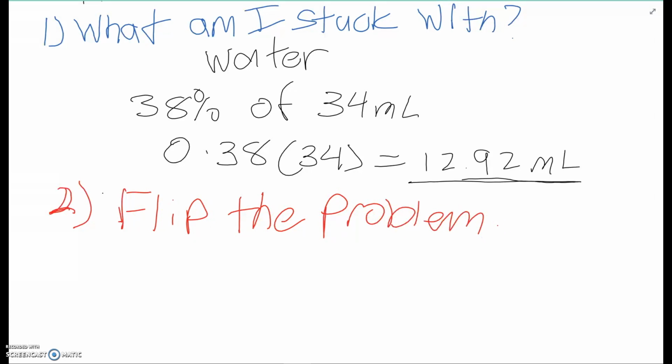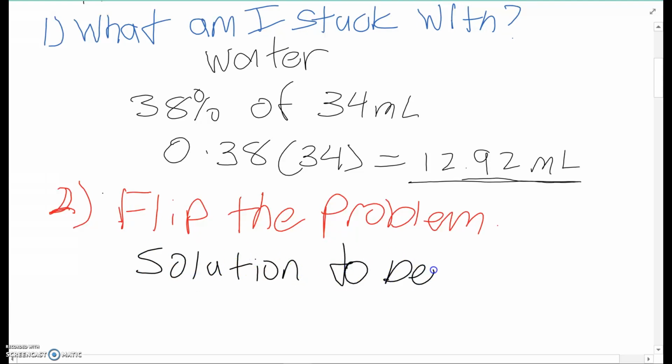They're asking me how much oil do I need to add to get a solution that's 85% oil. I want to know how much oil do I need to add to get a solution to be 15% water.